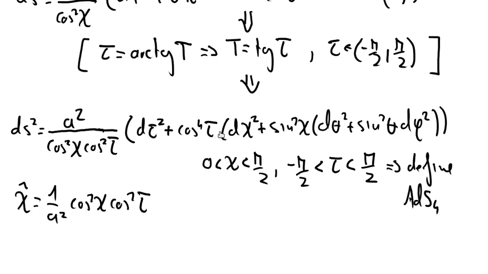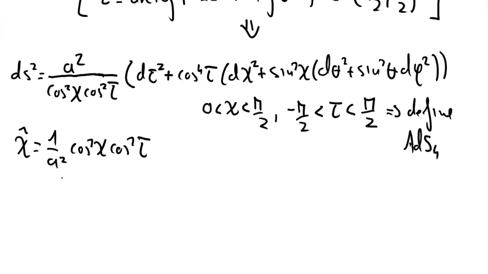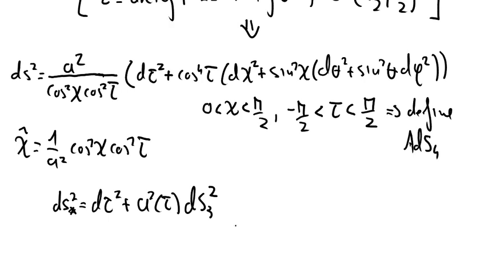So this is one of the ways we can write the generic metric of the cosmological model. And this S3 is a 3-metric.